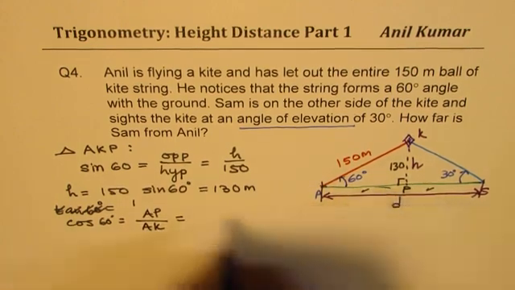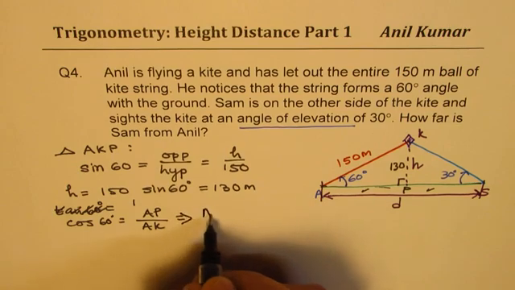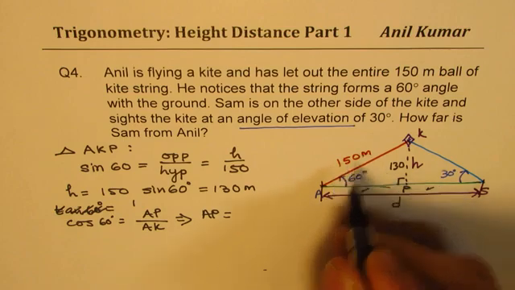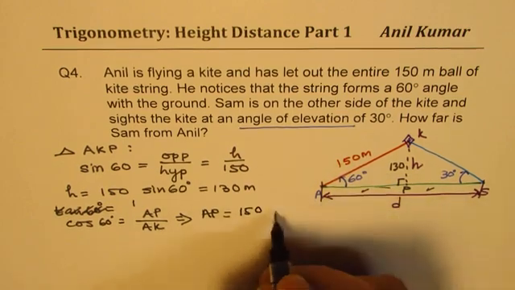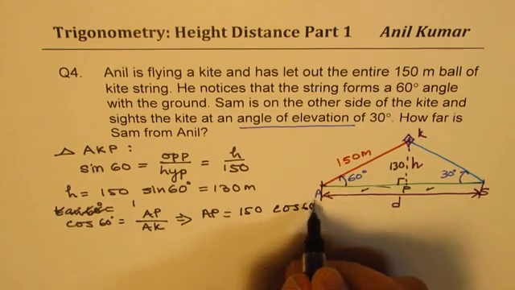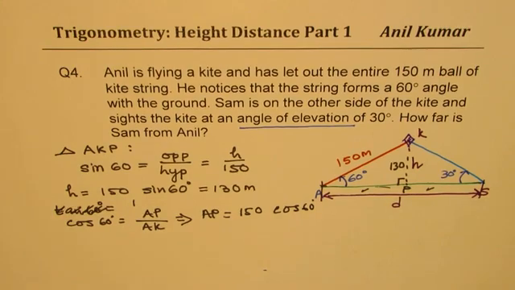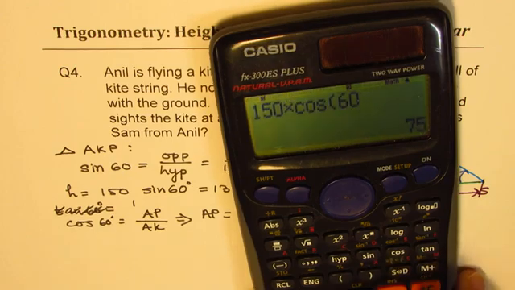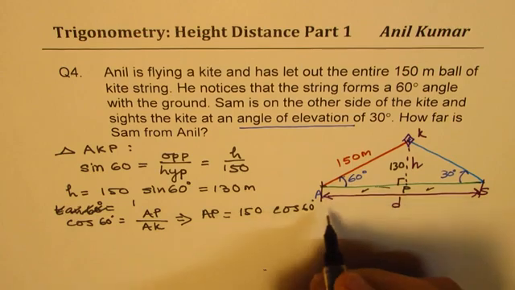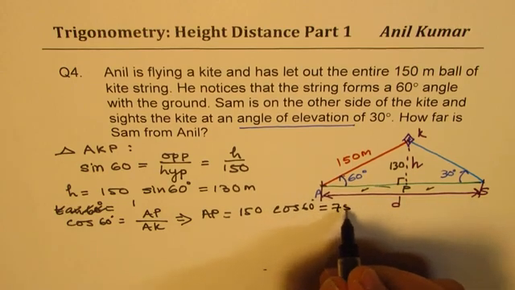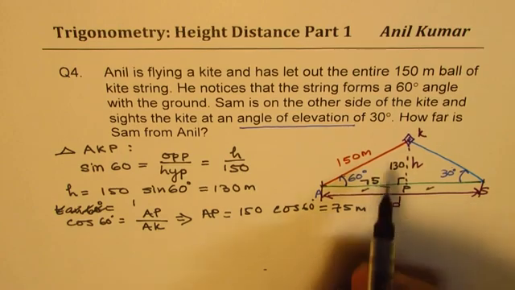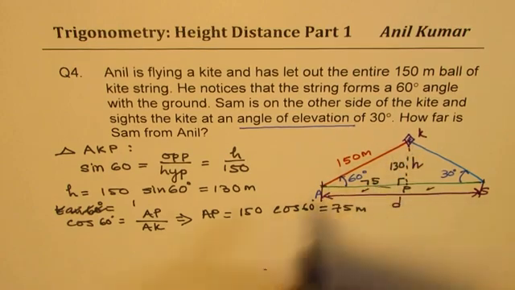We don't know what AP is, so we can find AP as AK, 150, times cos of 60 degrees. So 150 times cos of 60 degrees is equal to 75, right? So we get this value as 75 meters. This distance here is 75. We solved this using the cosine ratio.